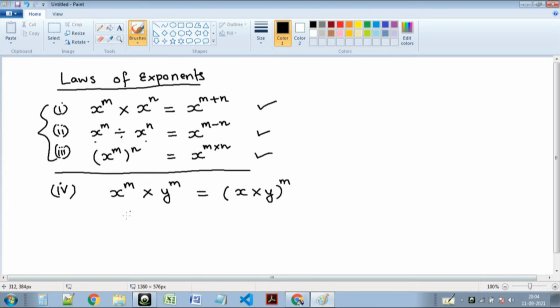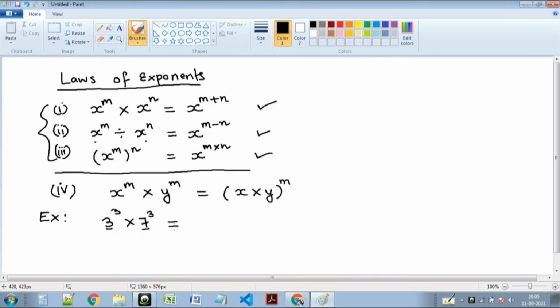So let's understand this law with an example. I'm taking one example: 3 to the power 3 into 7 to the power 3. If I'm taking this example, you can see that the bases are different here. The base is 3 and the base is 7, but the powers are same, right?